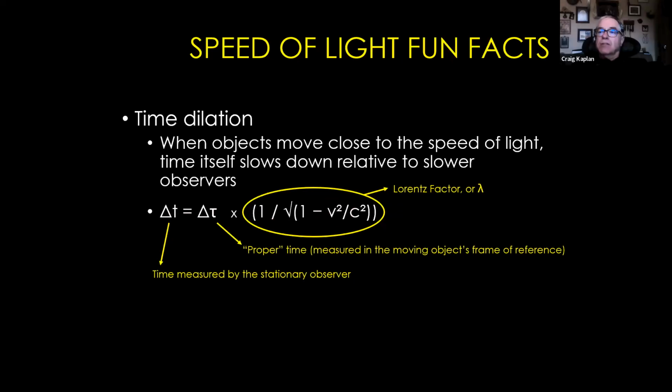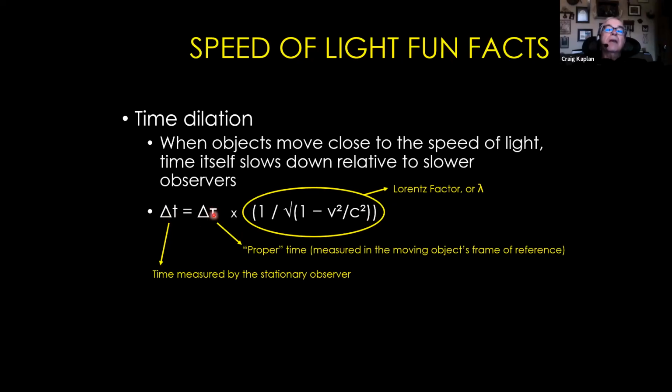For objects traveling at 86.6% the speed of light, so here v equals 0.866 c, the Lorentz factor actually ends up being 2. So if you think of time as experienced by the stationary observer, if 1 hour passes for this guy, with the Lorentz factor being 2, 2 hours pass for this guy.